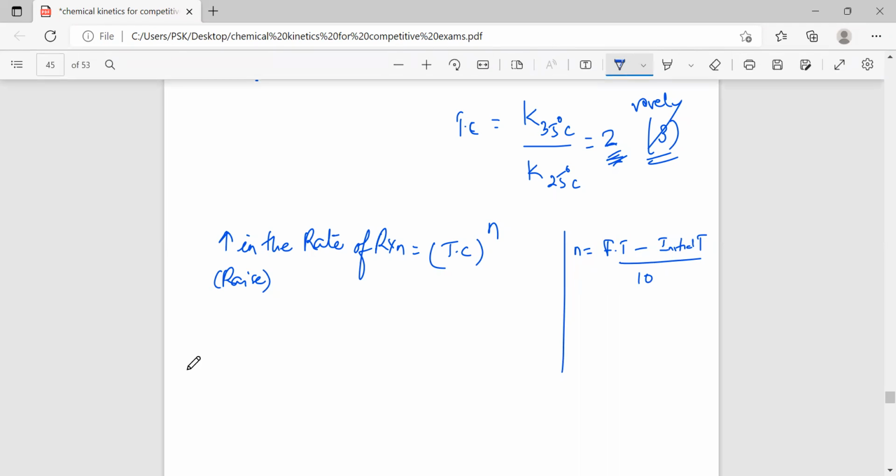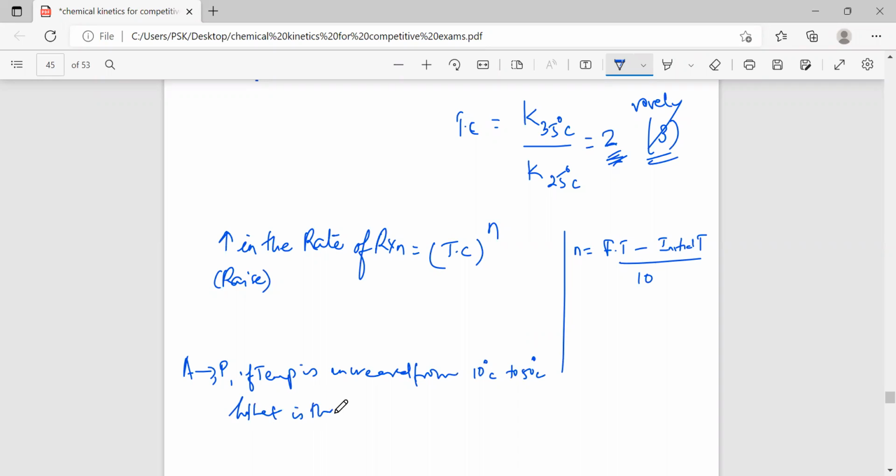Now, for an example, for a reaction A giving you P, if the temperature is increased from 10 degrees Celsius to 50 degrees Celsius, what is the increase in rate?